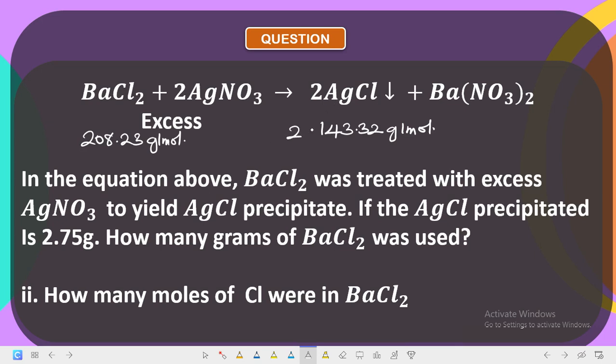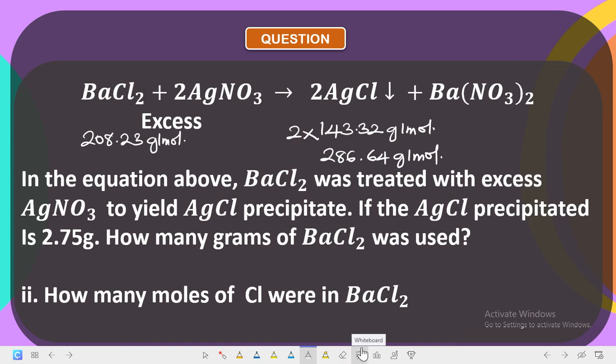So we multiply this by what? 2, to get the total amount. Are we getting it now? So when you multiply this by 2, it's going to give us 2 times 143.32, and that will give us 286.64 gram per mole. So that is just the whole thing that we need.